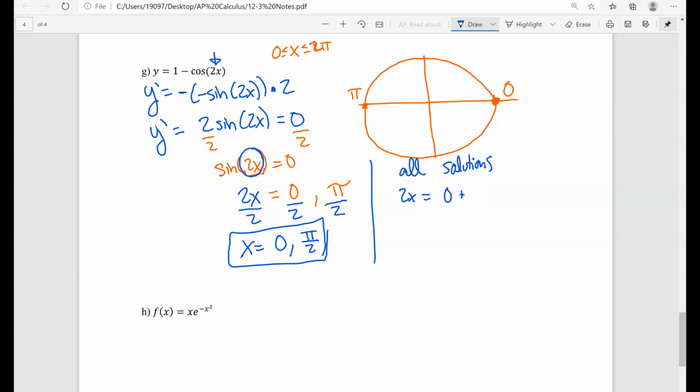Oh, you can write pi k. That's actually better. Or you can write pi plus 2 pi k. So when I divide this by 2, you would get x is equal to 0 plus pi k, and then pi over 2 plus pi k.